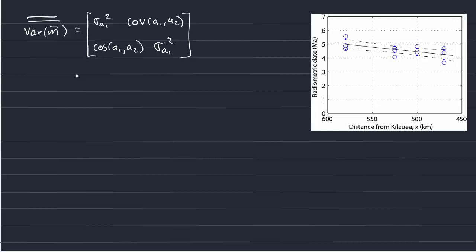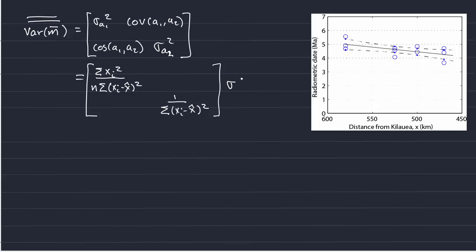That is equal to the sum of xi squared, I'm writing the solution I just wrote for the variance of A1, and then the solution for the variance of A2 is 1 over the sum of xi minus its mean squared, and that was multiplied by sigma squared.